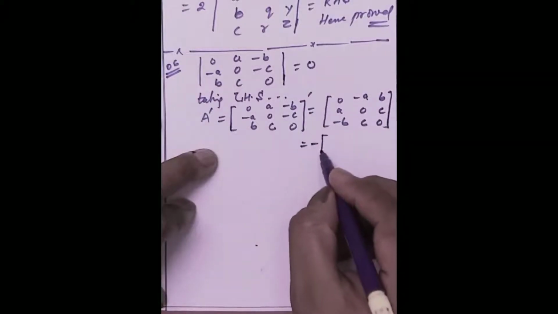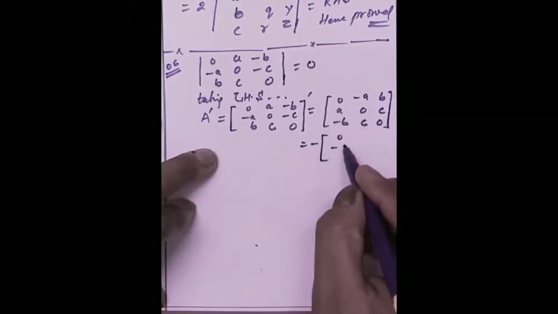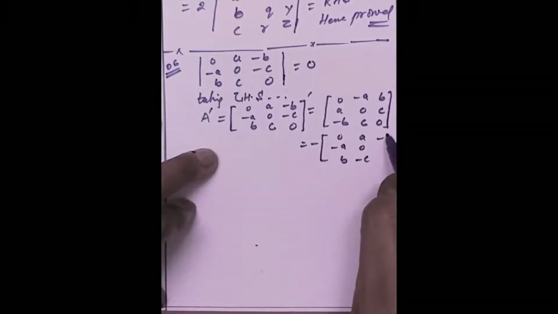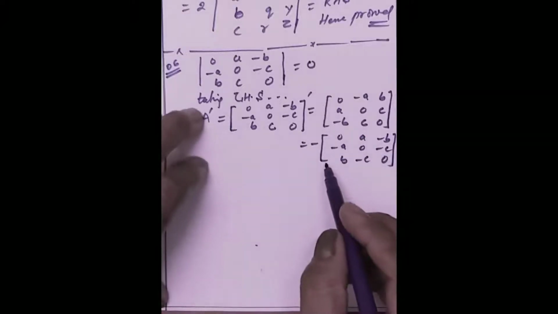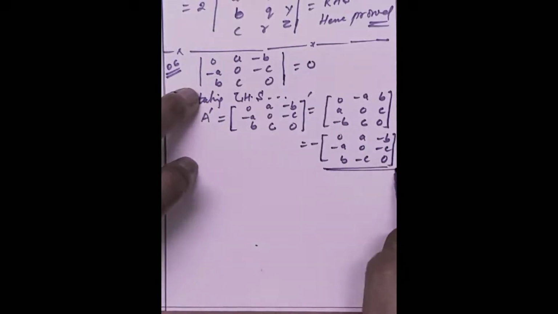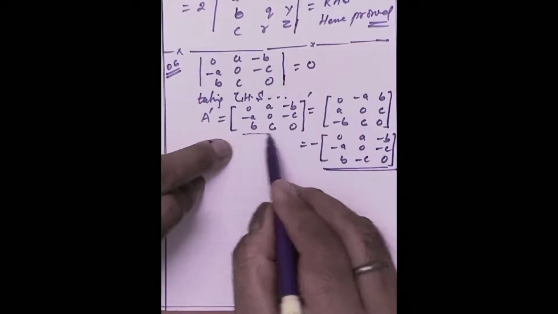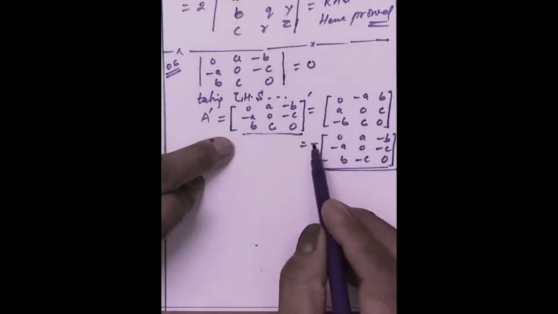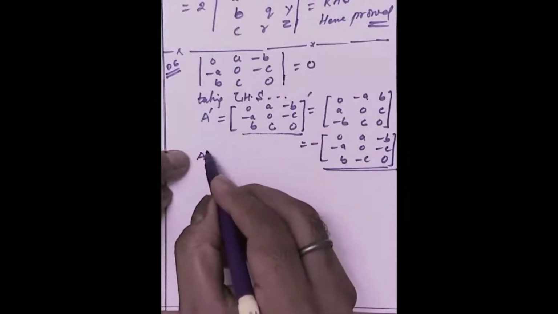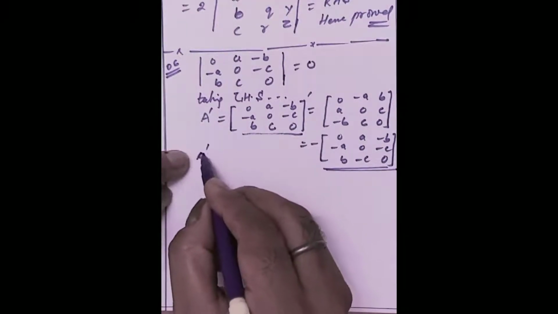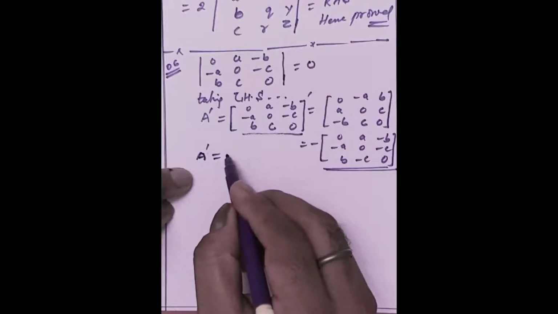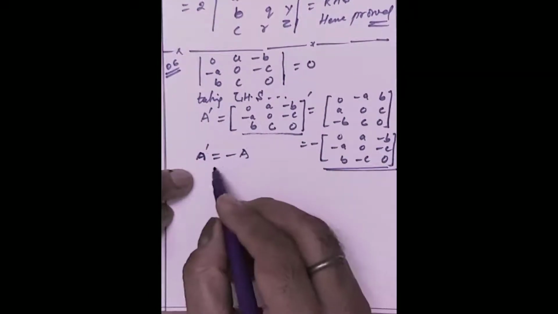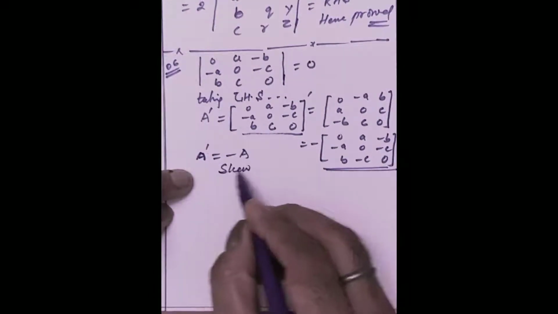So minus is outside, so 0 minus a plus b, plus a 0 minus c, minus b minus c 0. Just check it. This matrix is nothing but our original matrix, and that is minus times. So we can say that the transpose of matrix A is nothing but minus times that matrix itself. That means this matrix is skew symmetric.